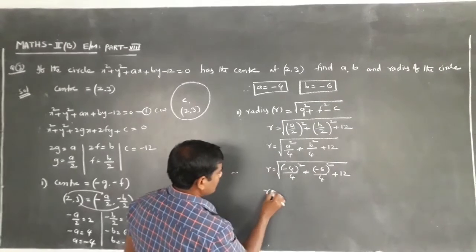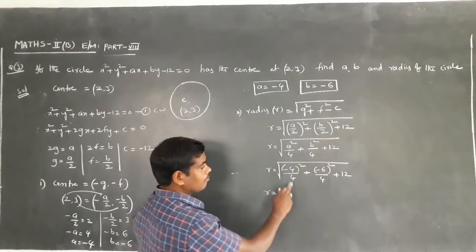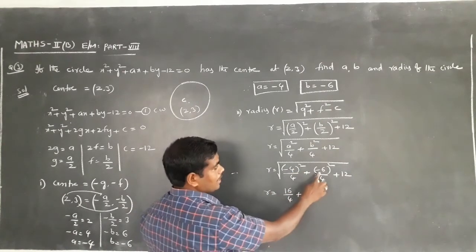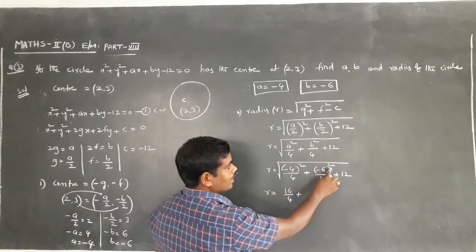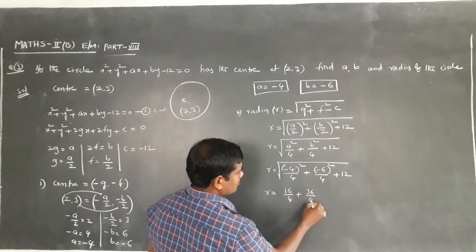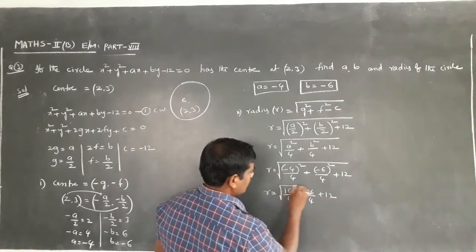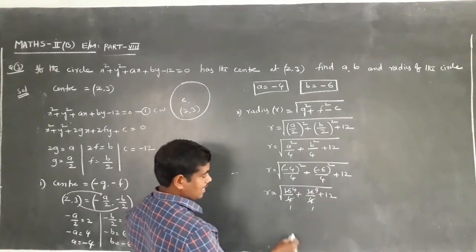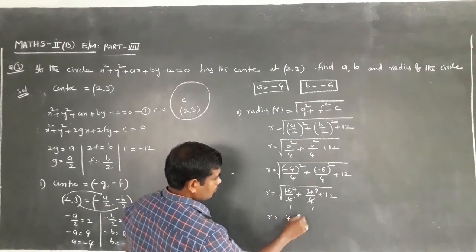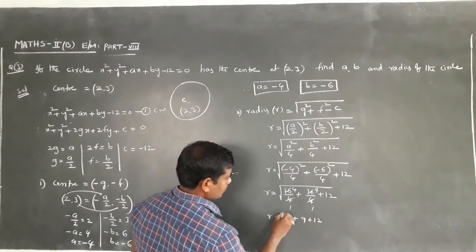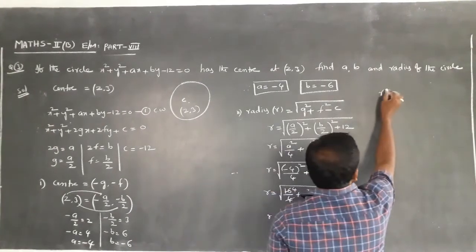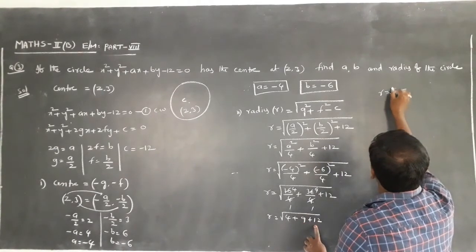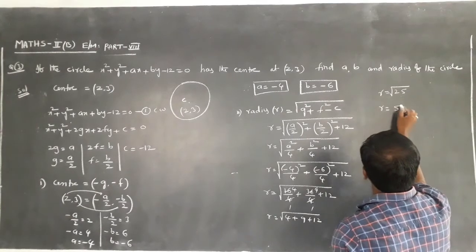Under root, r is equal to 16 by 4 plus 36 by 4 plus 12, which is 4 plus 9 plus 12. 4 plus 9 is 13, plus 12 is 25, under root 25 means 5.